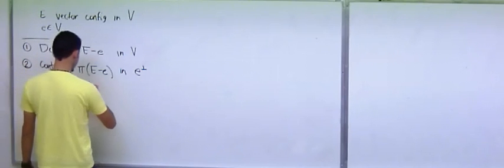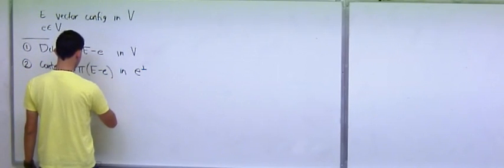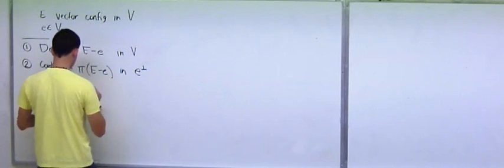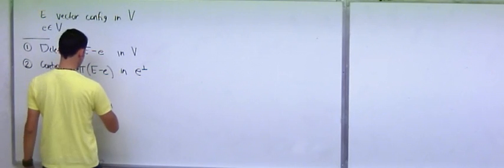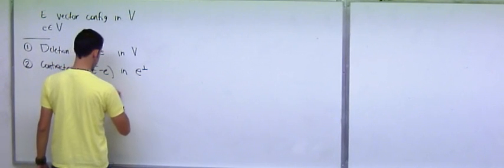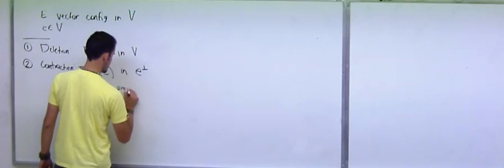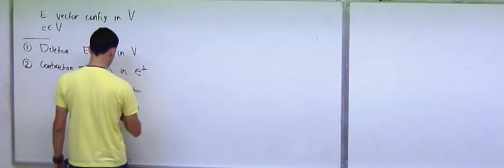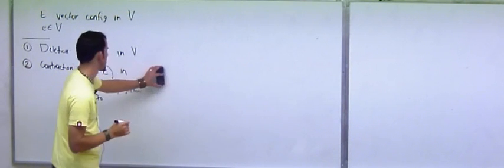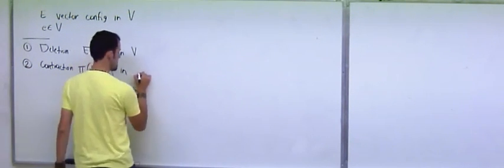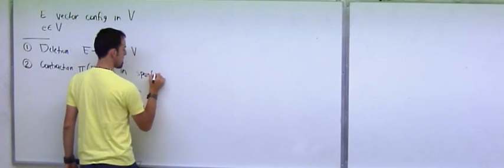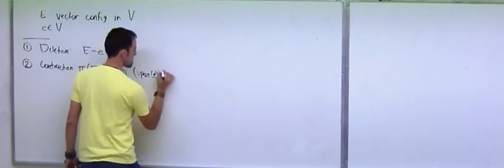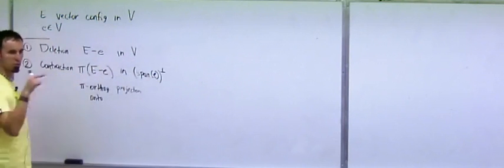So pi is the orthogonal projection onto the orthogonal complement to the span of E, which is going to be a line.